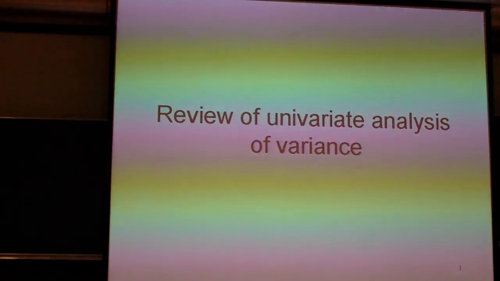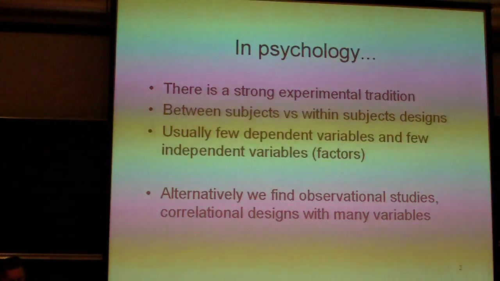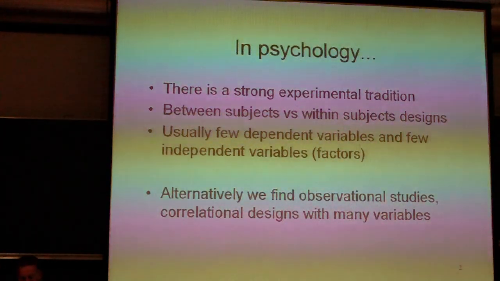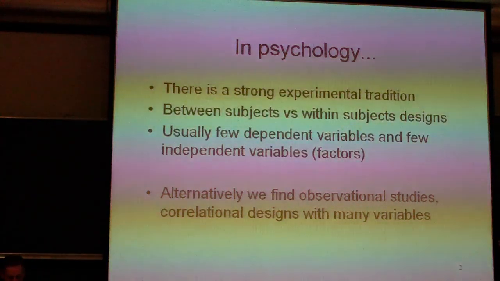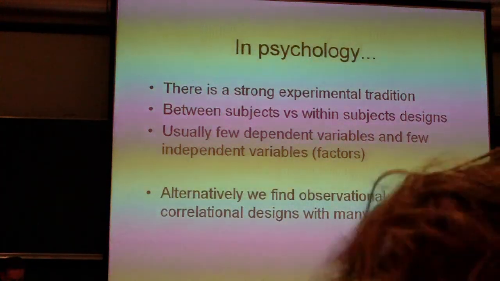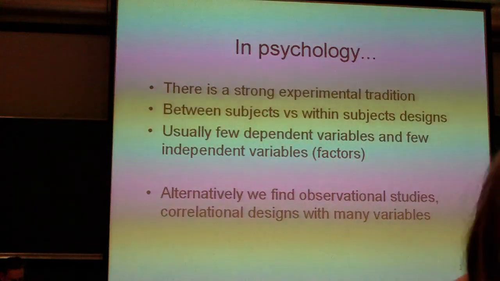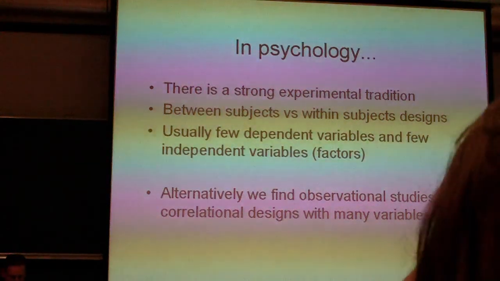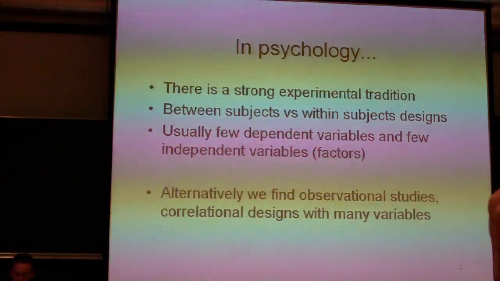Okay. So we're also, well, we're not all psychologists, but we're doing a research master in the field of psychology, or some subfield of psychology. And in psychology, there's a strong experimental tradition.